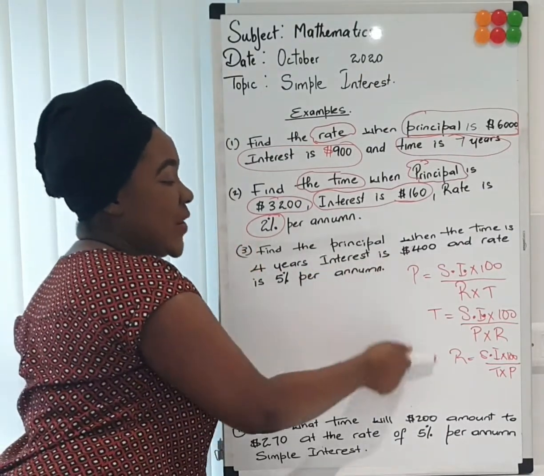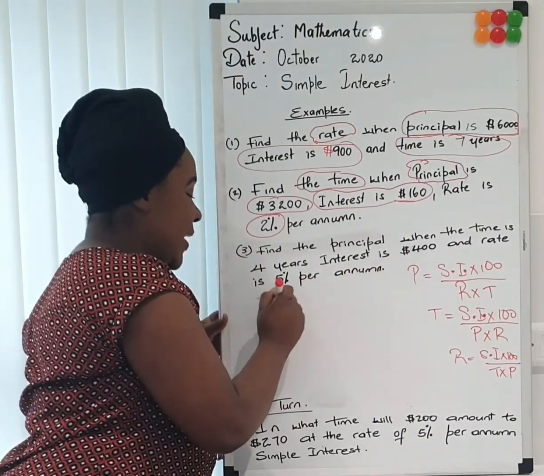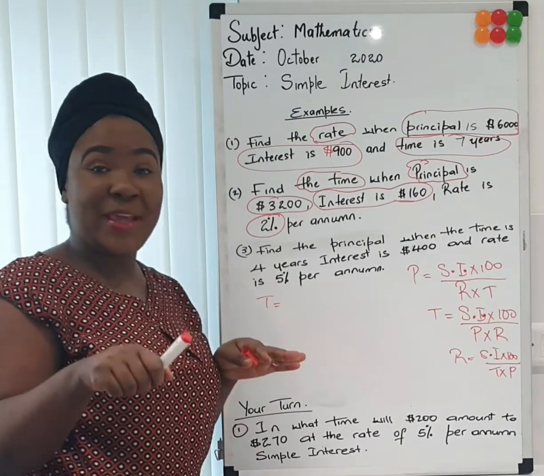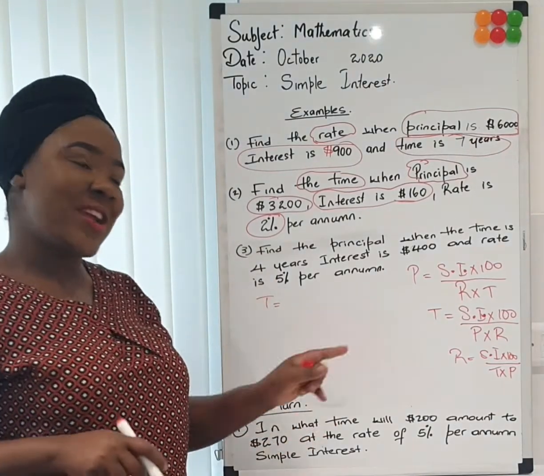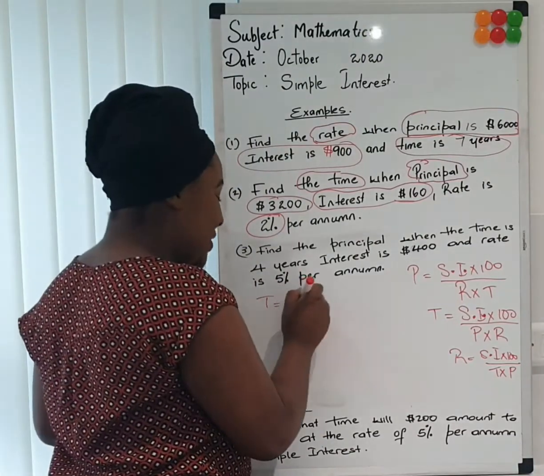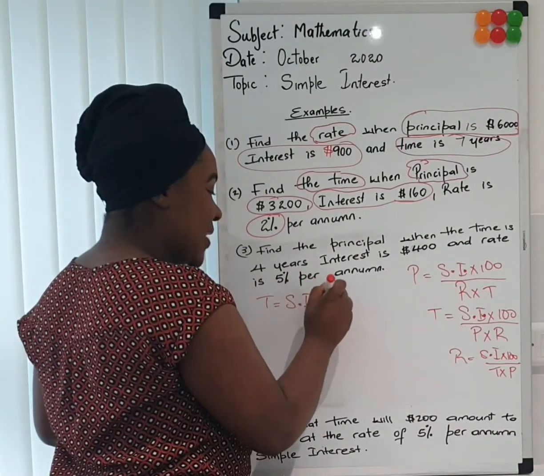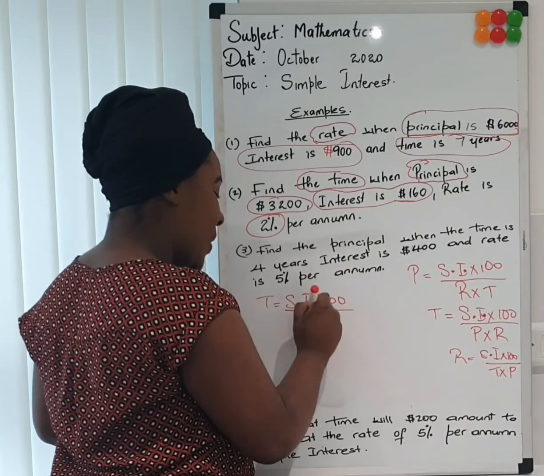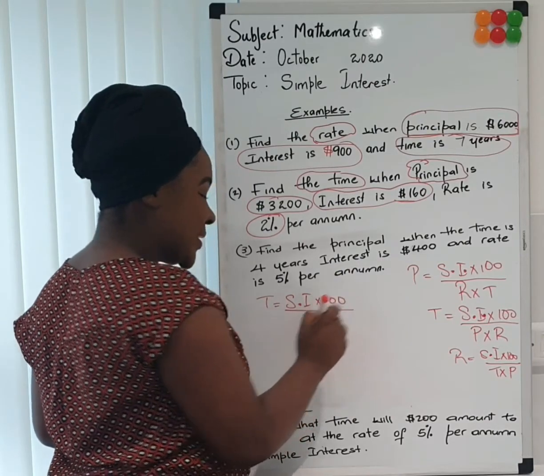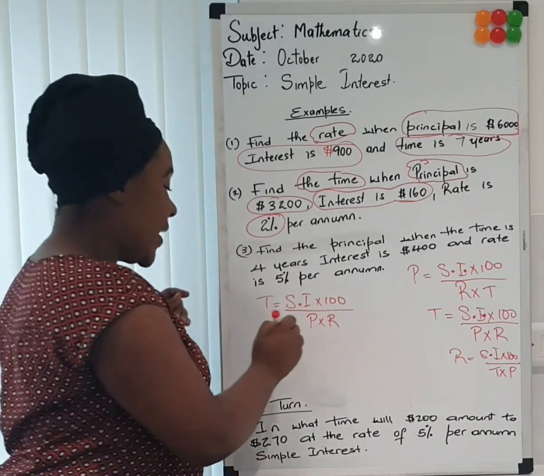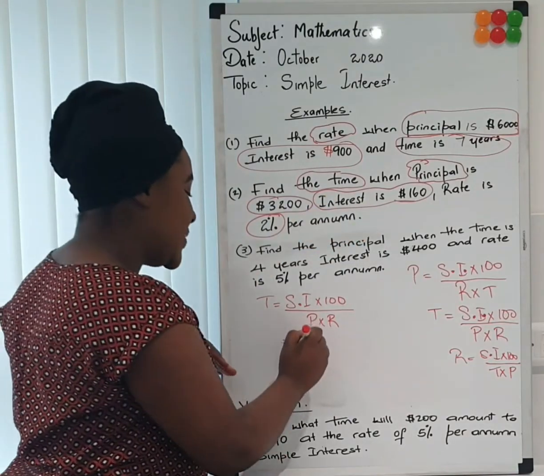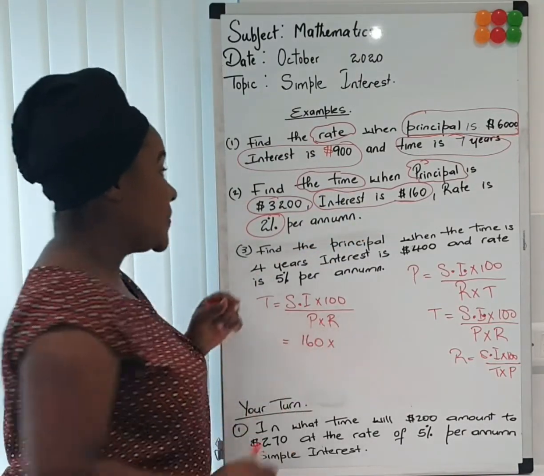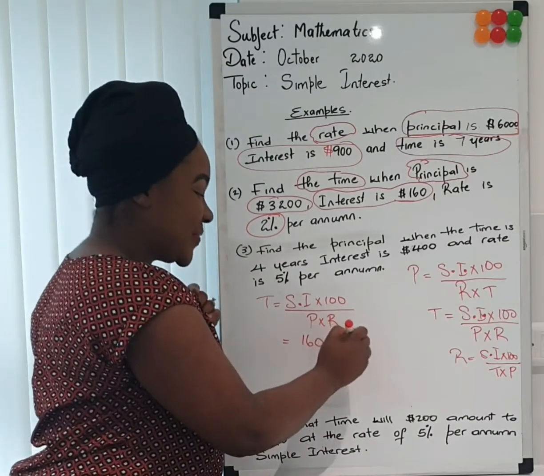I will look here for our formula and I'm going to write it down. Time equals simple interest times 100 divided by our principal times rate. So we look for interest. Here it says it's 160 times 100.